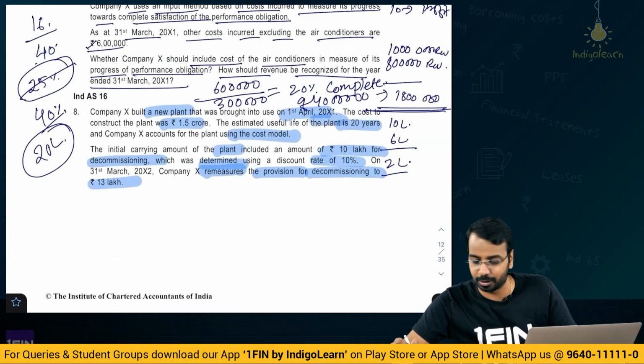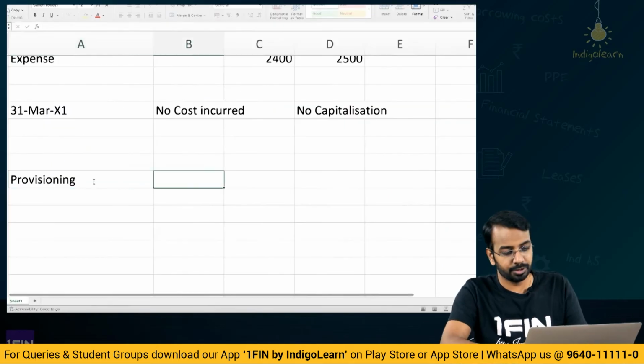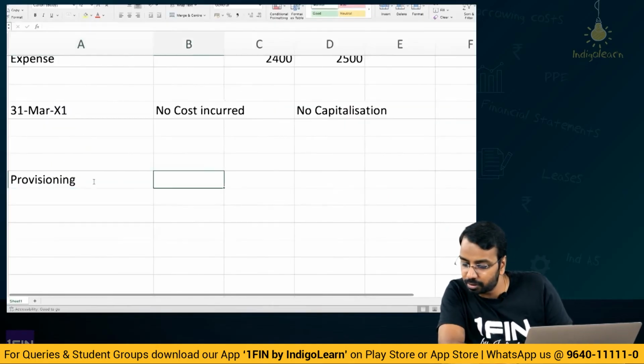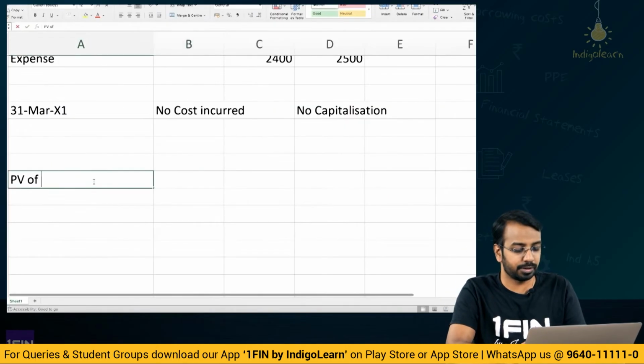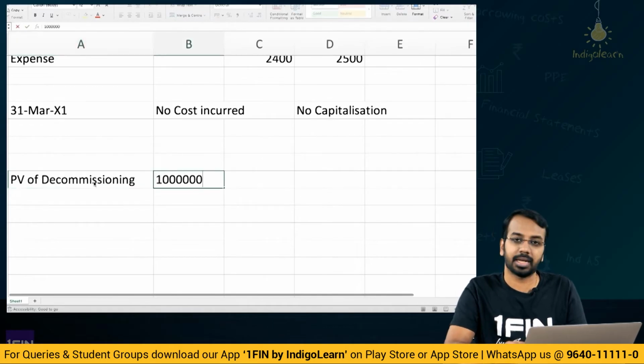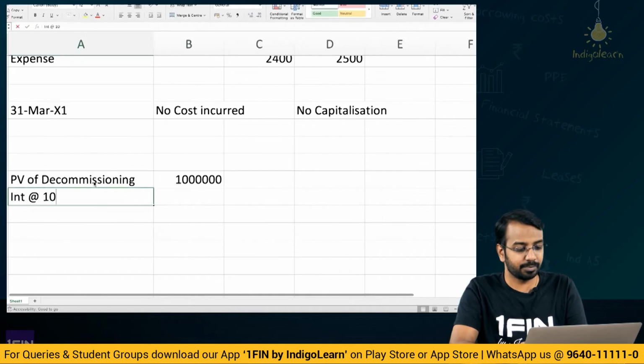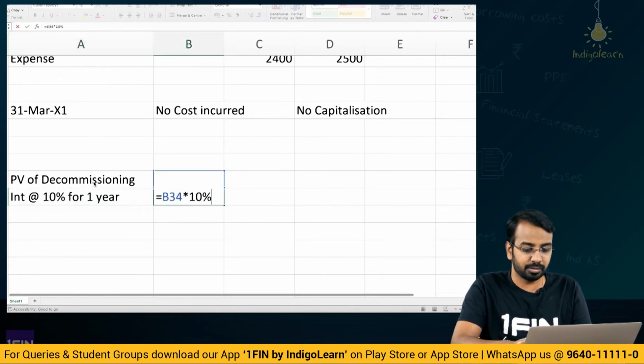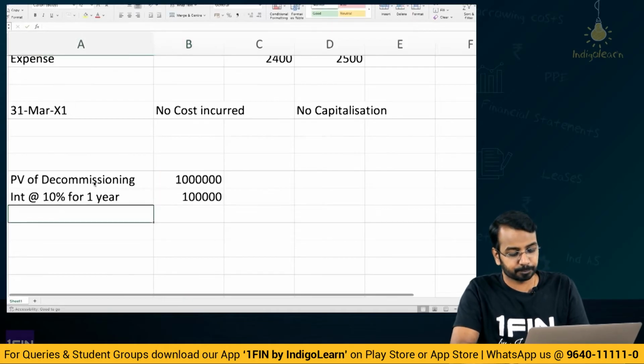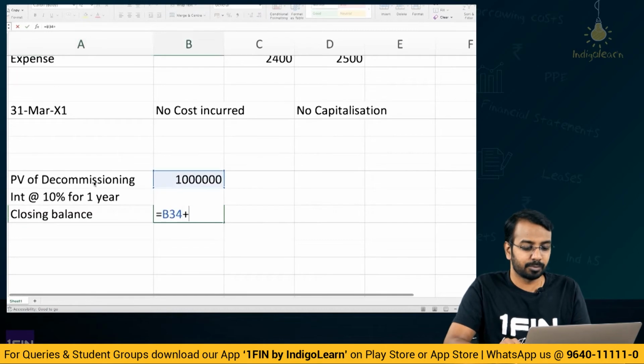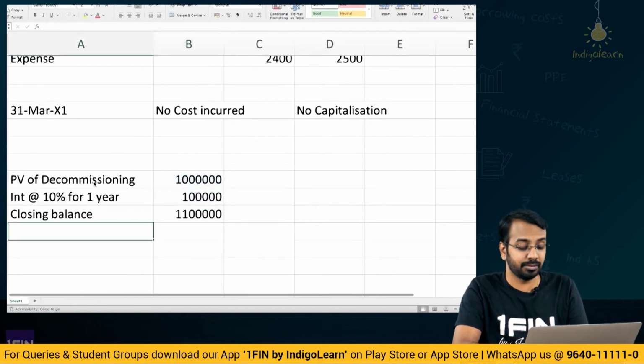1st of April of year 1. Okay. Now, provisioning, and how much is that included? 10 lakhs. So, present value of decommissioning is 10 lakhs, right. On this you will charge interest at 10% for 1 year, which is 10 lakhs multiplied by 10%. Closing balance should be 10 lakhs plus 1 lakh, which is 11.